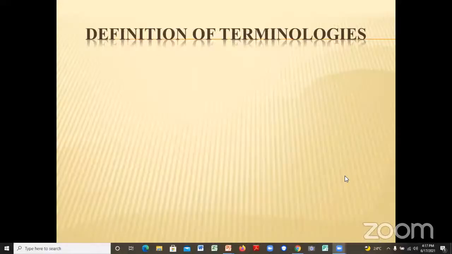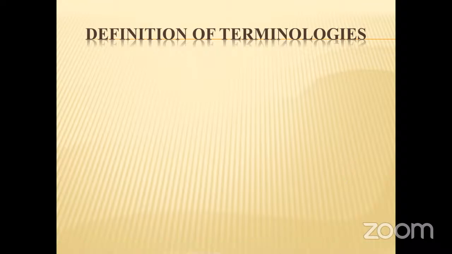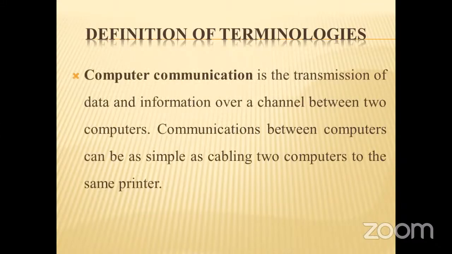I was saying that there are some terminologies or concepts that we should not miss in our definition. There is transmission, there is data and information, what you're transmitting, and there is a channel, and then computers. So when we look at computer communication, we shall say that computer communication is the transmission of data and information over a channel between two computers.